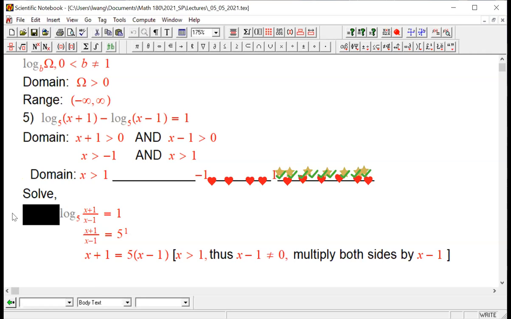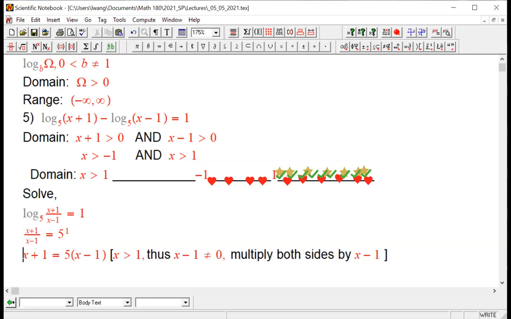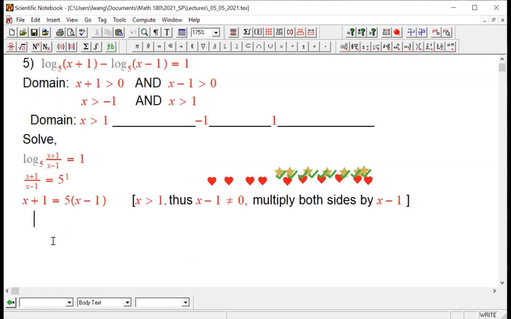Okay, so let me scoot over a little bit so I have more space to write on the right. Okay, so now we have, oops, these are shifted, so just clear them. Okay, so now we have x plus 1 equals 5x minus 5.